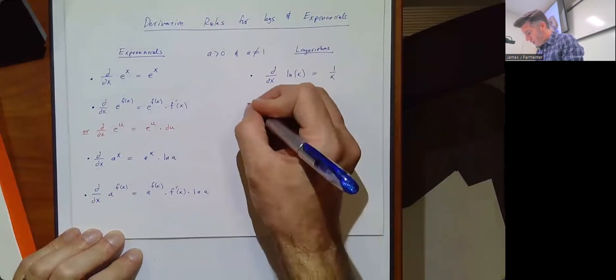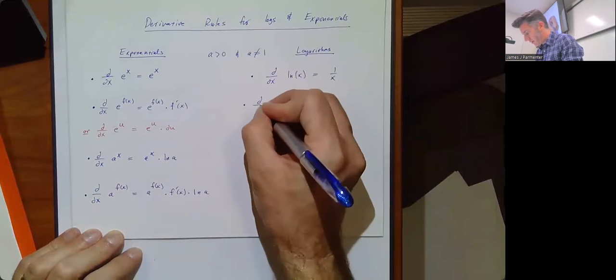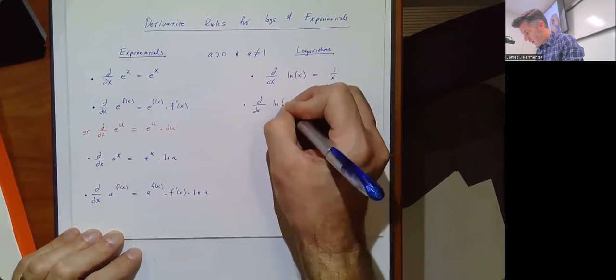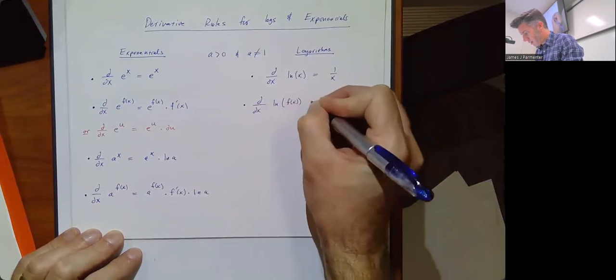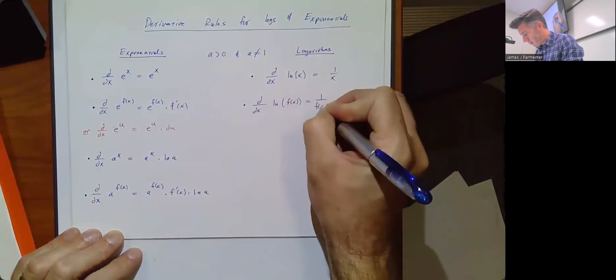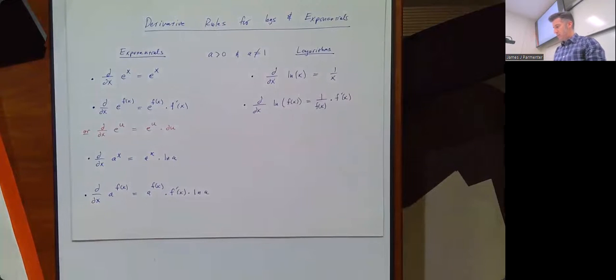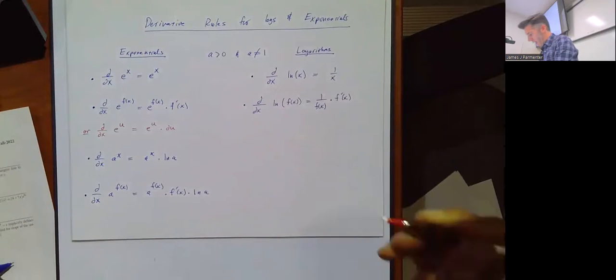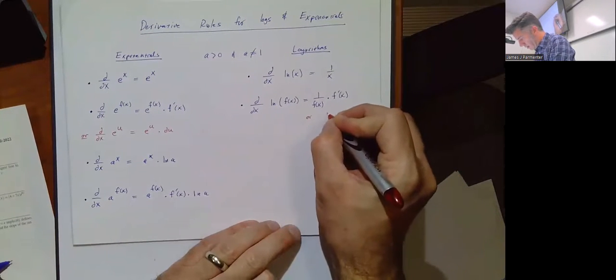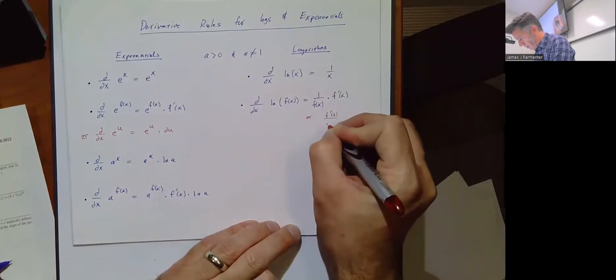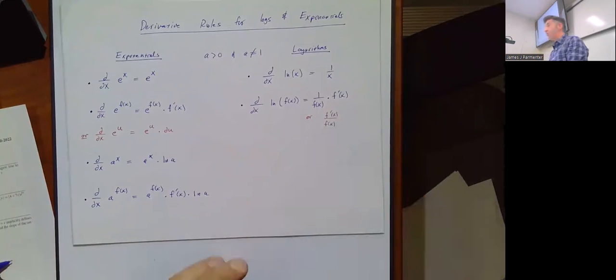And then the chain rule version of that, the derivative of the natural log of some stuff is 1 over the stuff times the derivative of the stuff. And yes, it is totally fine to write it as the derivative of the stuff divided by the stuff. I just don't write it that way because I like to emphasize the chain rule nature of the process.